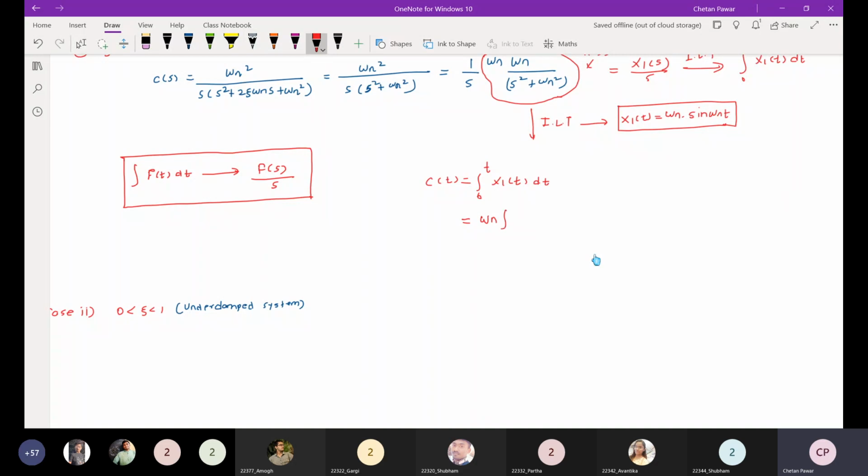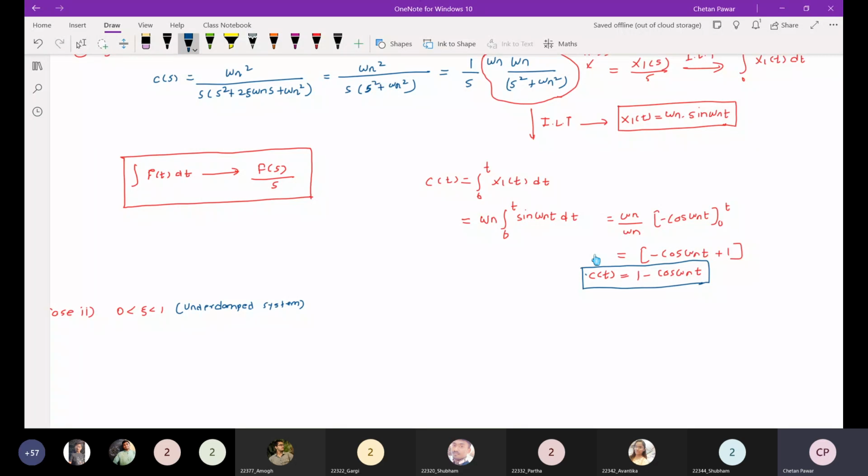So this is C of t. Understood? 1 minus cos omega n t.